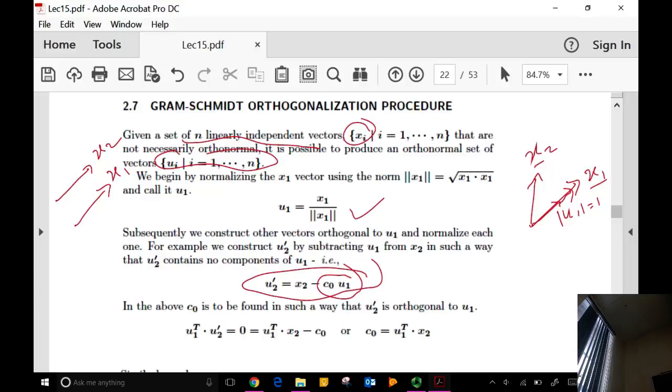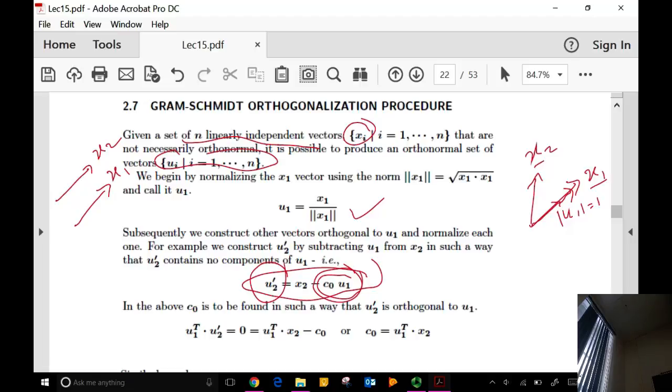Another way of looking at this is I'm subtracting some arbitrary component to form a new vector U2 prime. Now I can assign a property and ask the question, when will U2 prime be perpendicular to U1? When the dot product between U2 prime and U1 is 0, right? But can I impose that condition arbitrarily? U1 dot U2 prime is equal to 0.